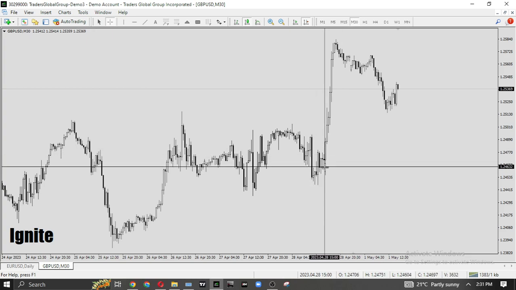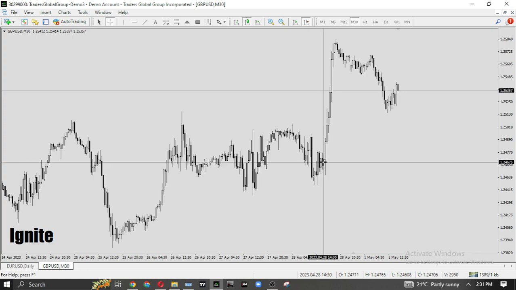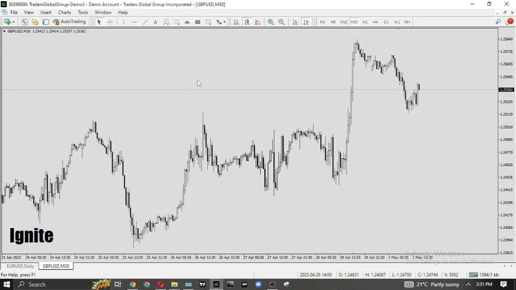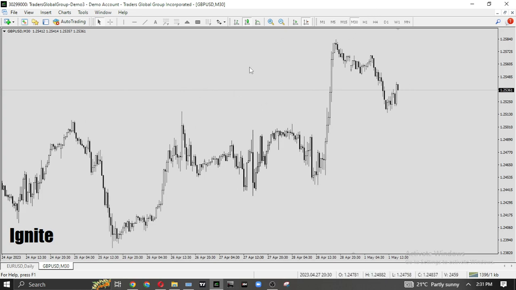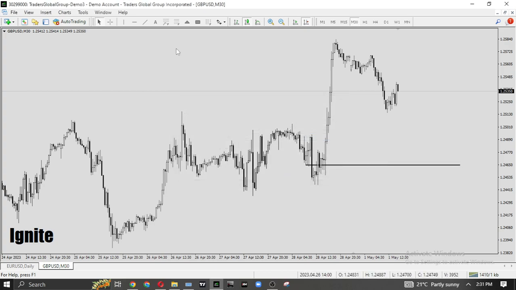We can see that even here we had a small QML which has got demand. You can still come here and do it like this, you see. So this will be a high probable setup for you, because it's in line, even if it doesn't work.